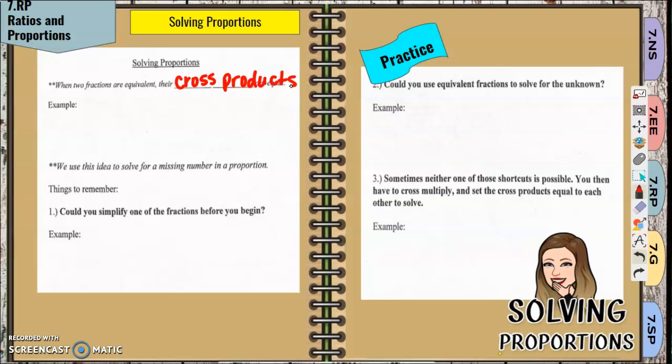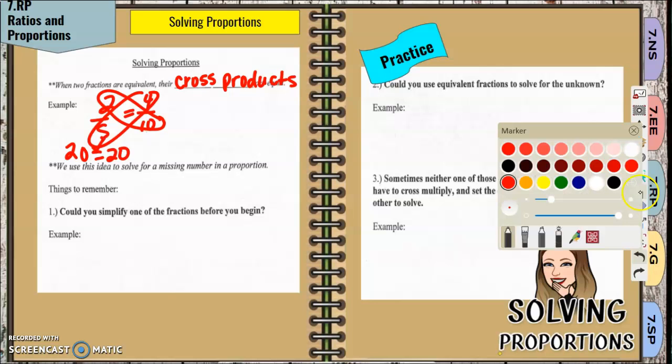If I have 2 over 5 equals 4 over 10, I'm going to cross multiply to see if these two ratios are equivalent. So 5 times 4 is 20. 2 times 10 is 20. And 20 is equal to 20, so these ratios are proportional.